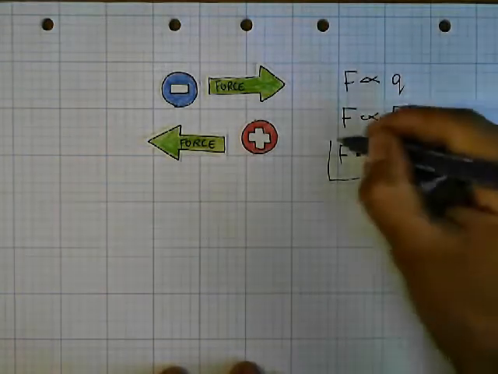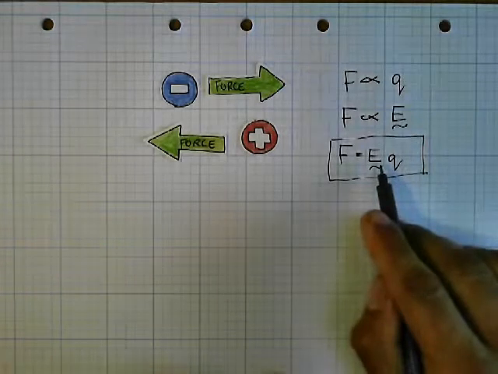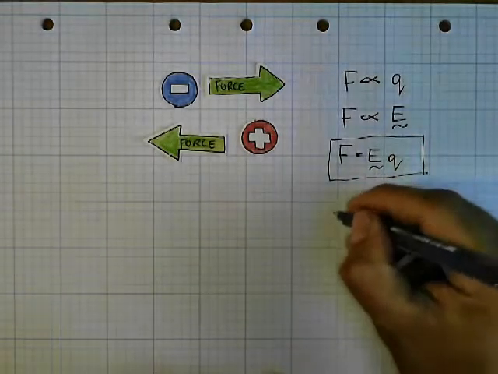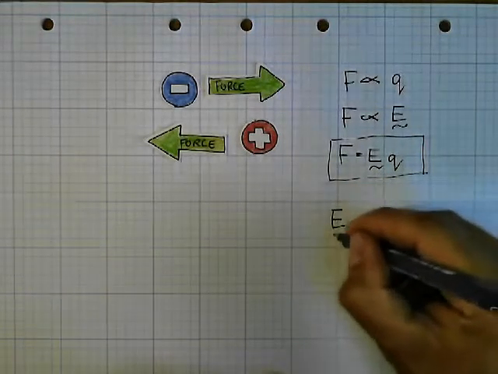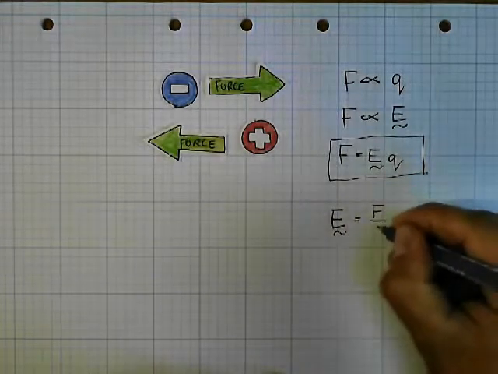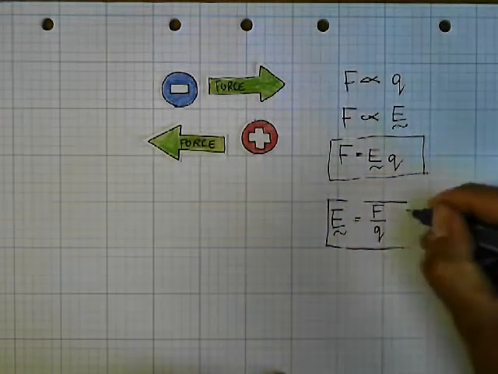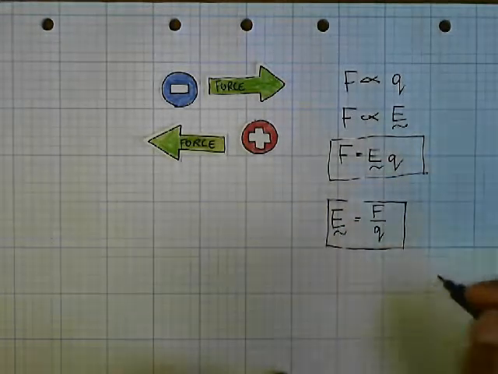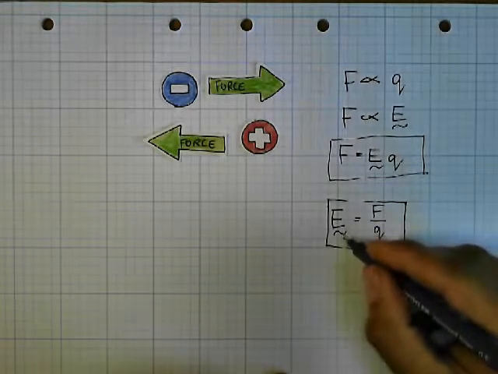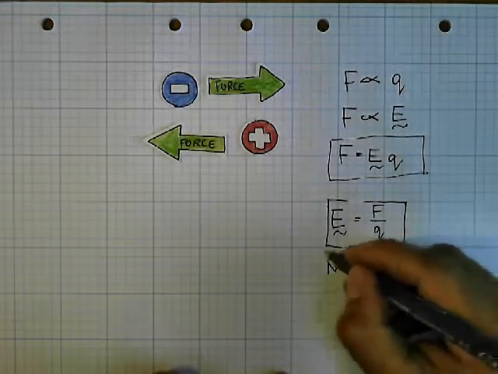We rearranged this formula to get another formula to show the electric field strength. Electric field strength is equal to force divided by charge. From this, we found that the units for electric field strength are newtons per coulomb.